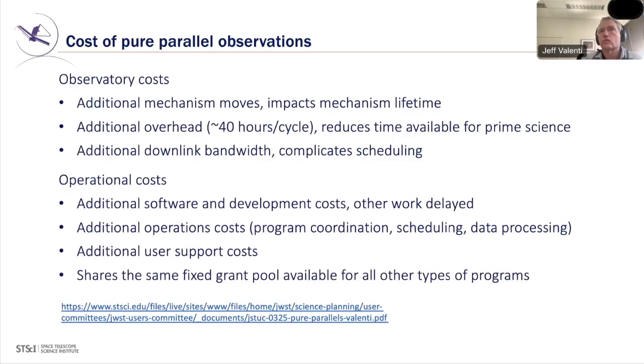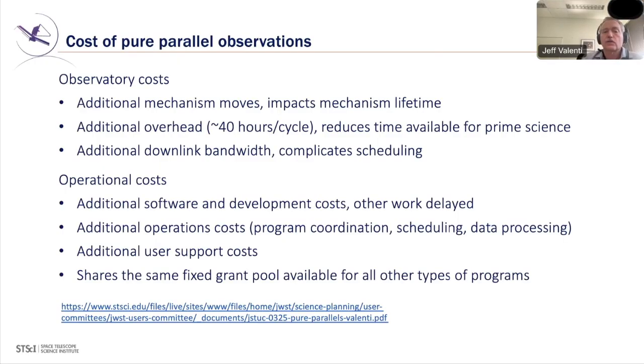All right, just briefly on the cost of pure parallel observations. There are some observatory costs to the hardware, basically. There are additional mechanism moves, and the mechanisms have lifetimes, and we are using up the lifetime. In some cases, we're in the single digit, 10, 15% range at worst of using mechanism lifetime. It's not infinite.